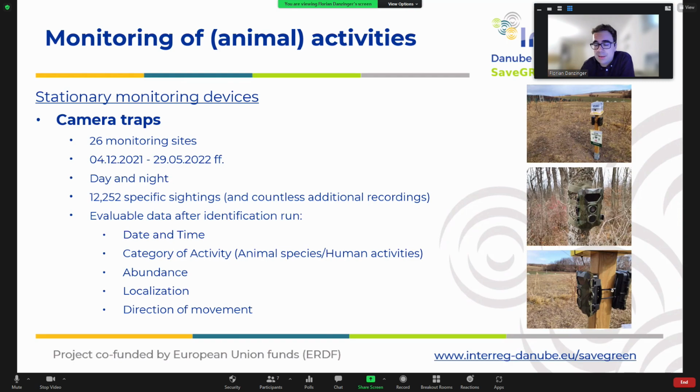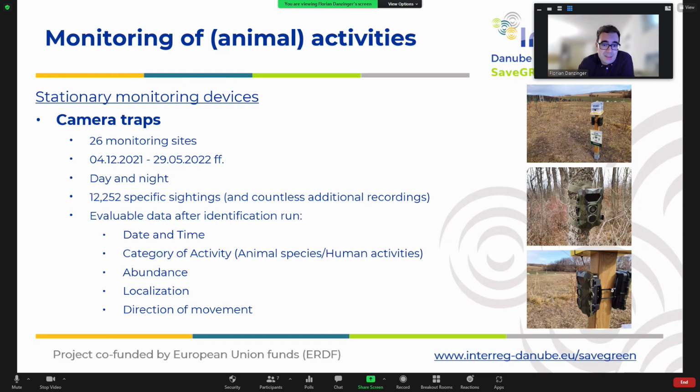Of course, the wild cameras record day and night, and in just these few months, Mořic processed 12,252 specific sightings, and I think, of course, a lot more pictures when the cameras just recorded wind or snow or light events in these areas.